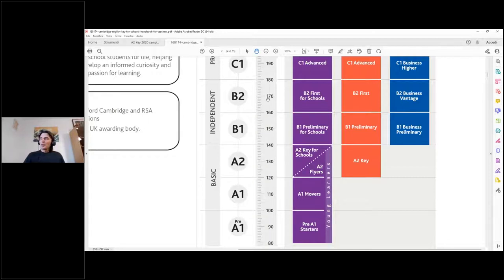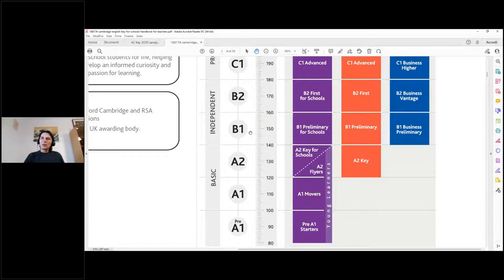This is very important, because usually if you take an A2 exam, you may be able to score up to a B1 or even a B2 level. Why am I saying this? Because my suggestion is you can try to take a B1 exam, right?